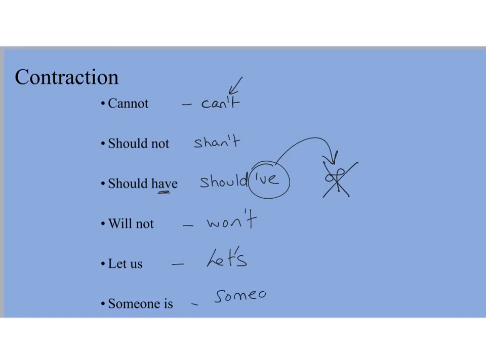It's the same as if you use somebody's first name. So if you say John is, and then you change it to John's going out, the apostrophe there is to show that it's short for John is.